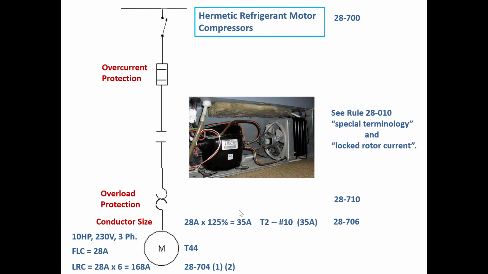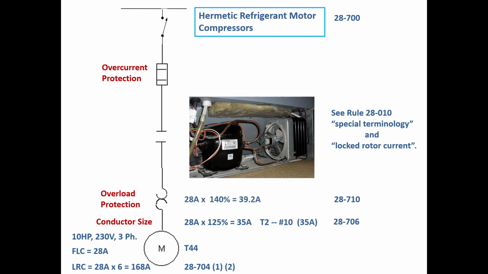This is a bit different from how we normally go about the service factor. 28-710 talks about overload protection specifically for refrigerant motor compressors. It says the branch circuit insulated conductors and control equipment for each motor compressor shall be provided with overload protection complying with rules 28-302 to 28-306, except that the rating or setting of an overload relay shall not exceed 140% of the marked rated load current of the motor compressor, and the rating or setting of other overload devices such as fuses shall not exceed 125% of the marked rated load current of the motor compressor.